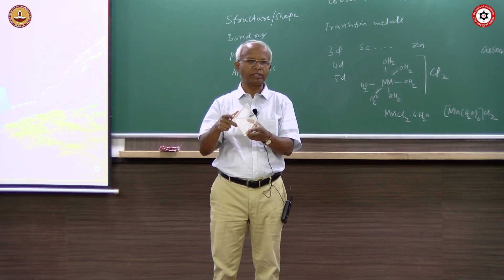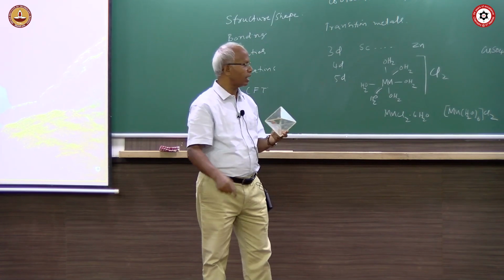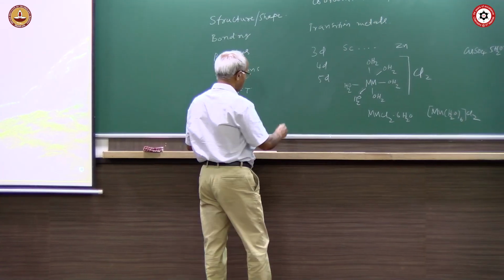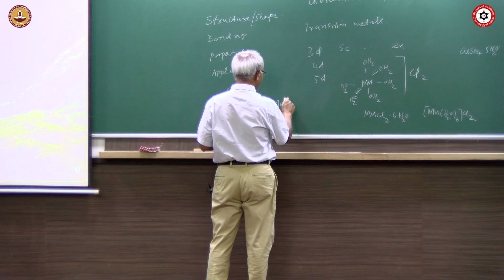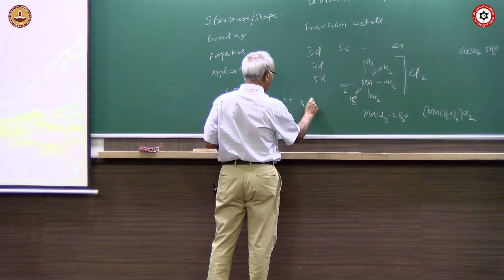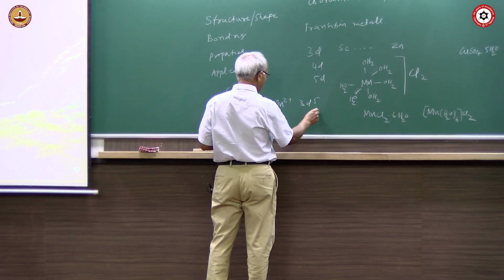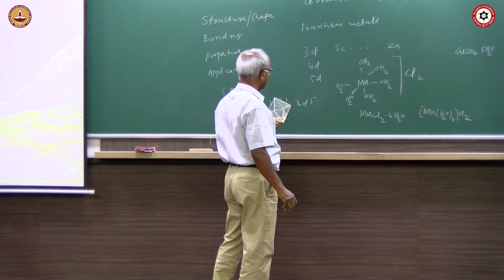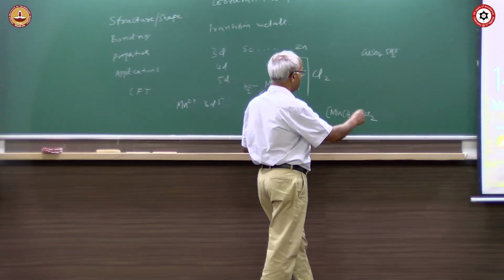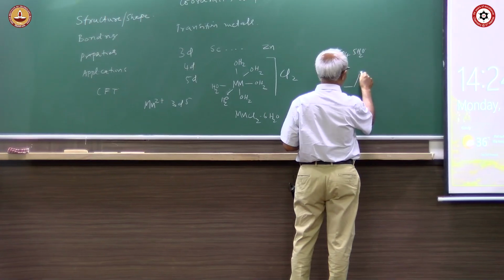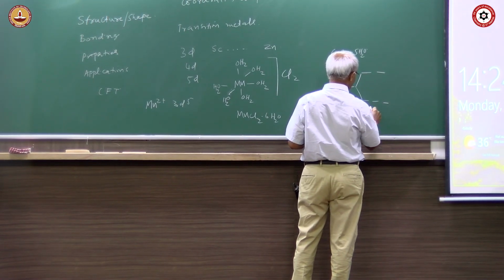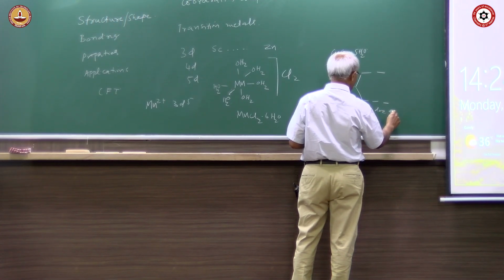There is no change in the geometry, which is the case for manganese 2 plus, which is a 3d5. It has 5 d electrons, and according to crystal field theory, these d orbitals get separated into dxy, dxz, and dyz, as I wrote.